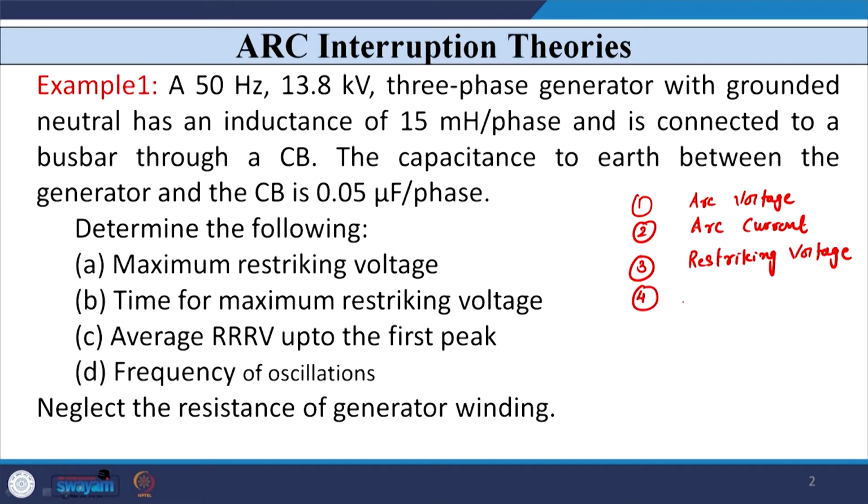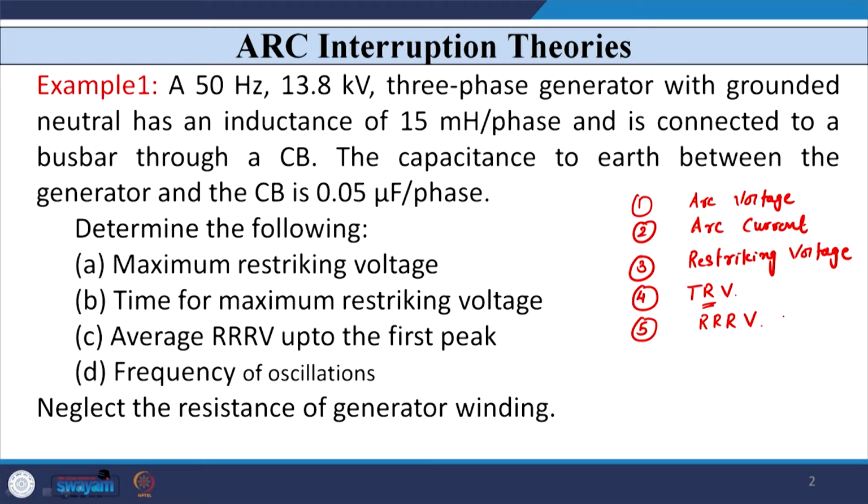Then the fourth term is known as the TRV, transient restriking voltage. This is the voltage across the contact of circuit breaker at the time of extinction of arc. The fifth one is the rate of rise of restriking voltage, the first peak of TRV.